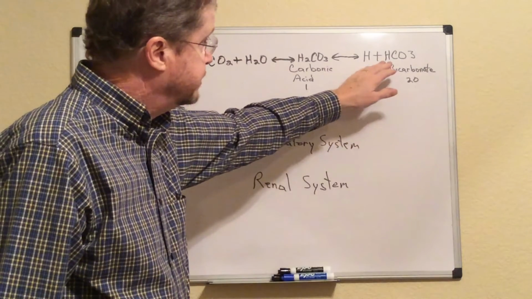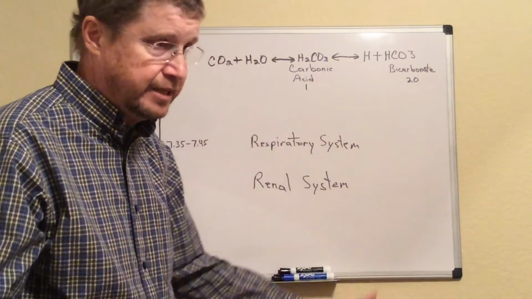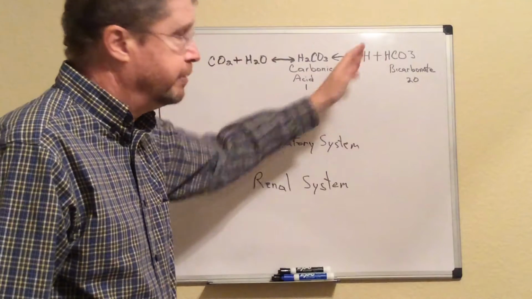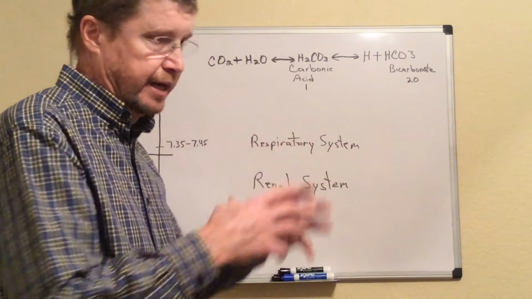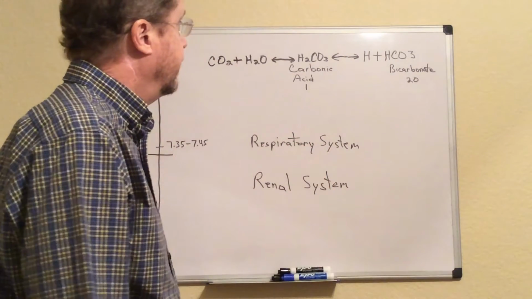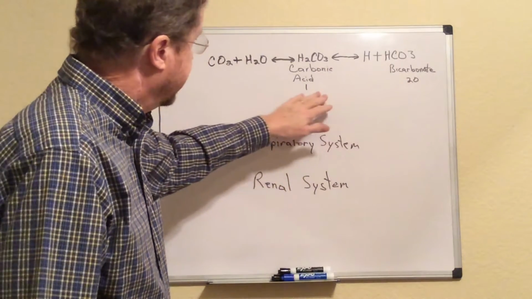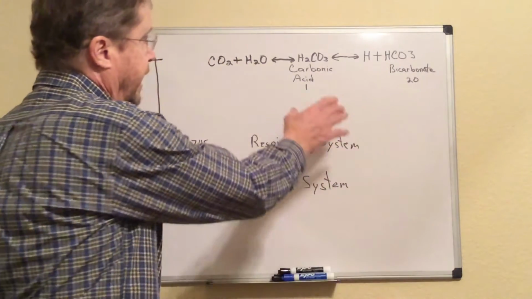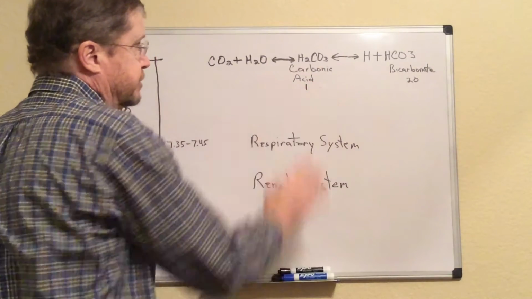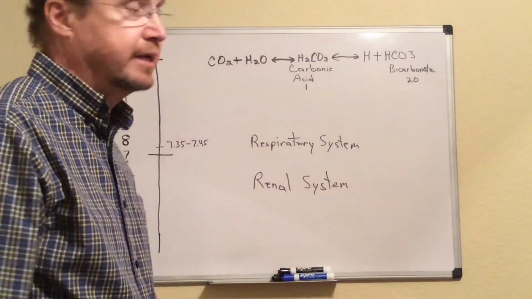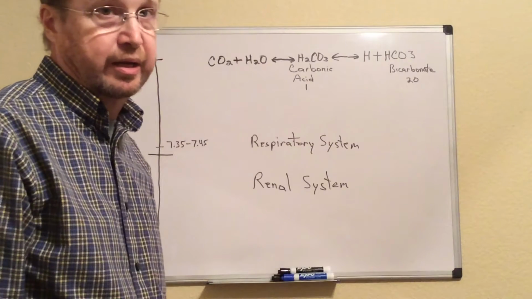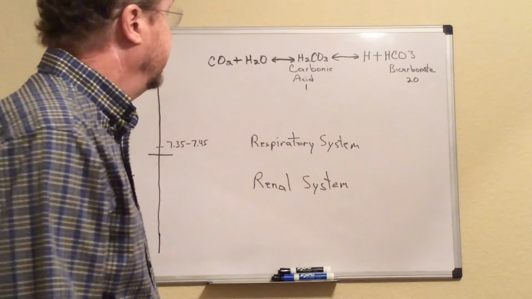And as the bicarbonate is released into the bloodstream, chloride moves into the red blood cell to hold that hydrogen in there. This allows bicarbonate to free float in the bloodstream and counterbalance the remaining carbonic acid that's still left in the plasma or bloodstream.